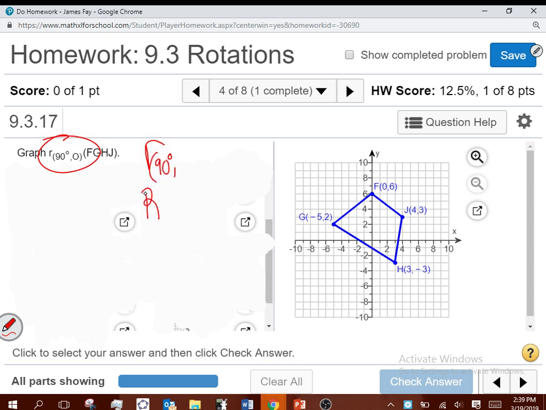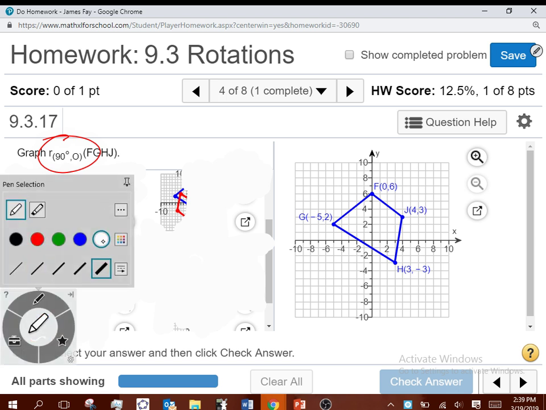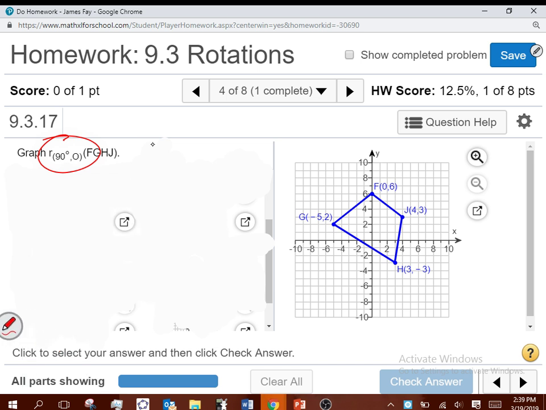You'll see it written as capital R with a subscript 90, but they mean the same. So lowercase r, 90 degrees. Now that O, did we know what O stands for? It is our point of rotation, so it's the origin.